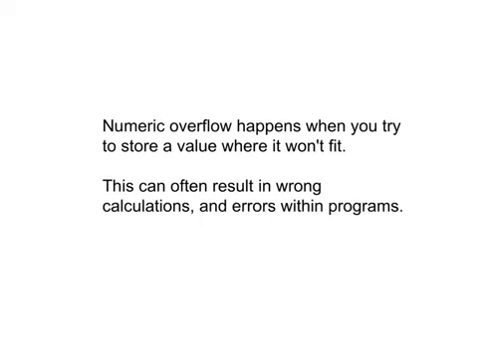Alright, so what I've been describing is something called numeric overflow. Numeric overflow happens whenever you have a number or a value that is too large to be stored in the number of bits that you have allocated for storage. Now, this can happen very easily when you start working with large numbers and you don't allocate enough space for those large numbers.